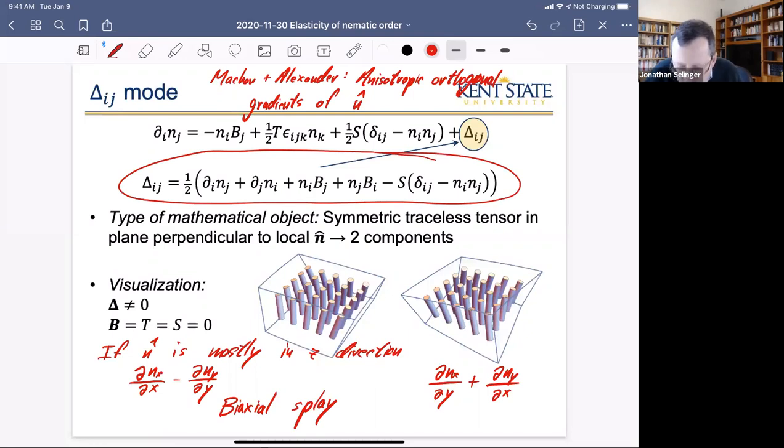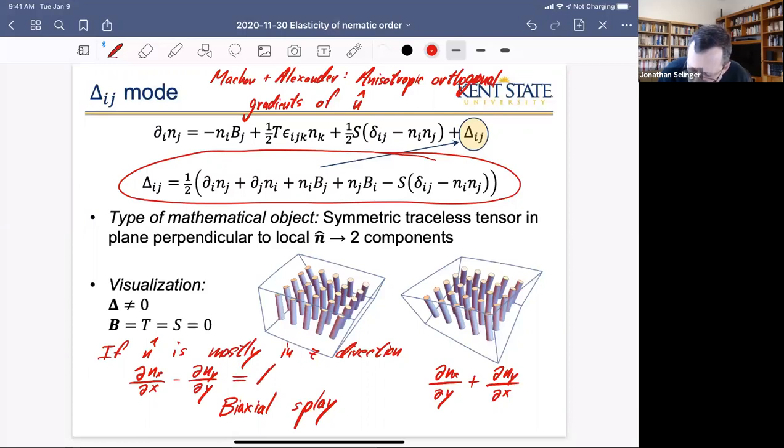What I show in that article is that this is a symmetric traceless tensor in the plane perpendicular to the local n.